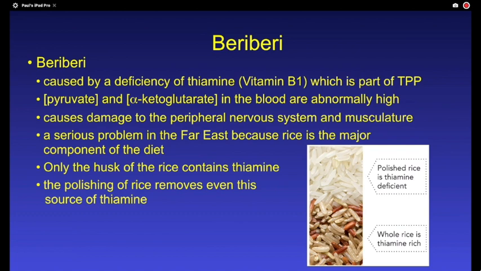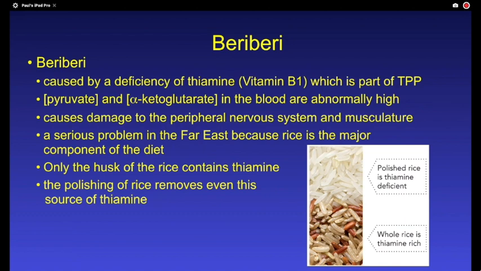And if you do not have TPP, you cannot convert pyruvate or alpha-ketoglutarate into the next step. So what happens is the concentration of both pyruvate and alpha-ketoglutarate go very, very high in the blood system. Okay? You also cannot extract energy as well.